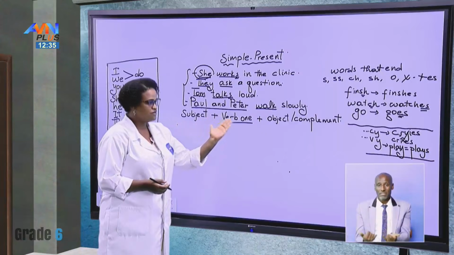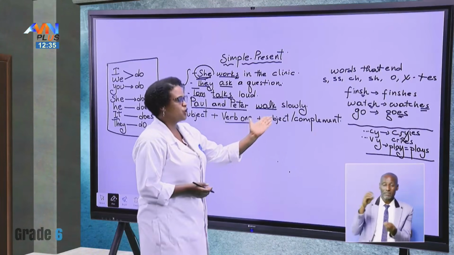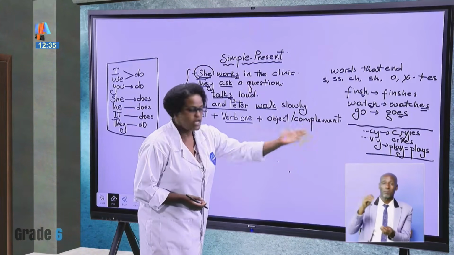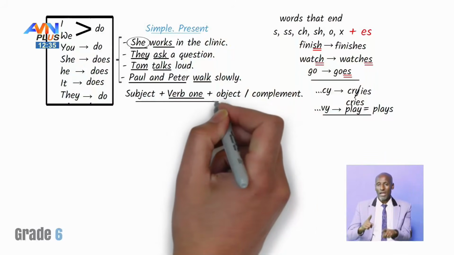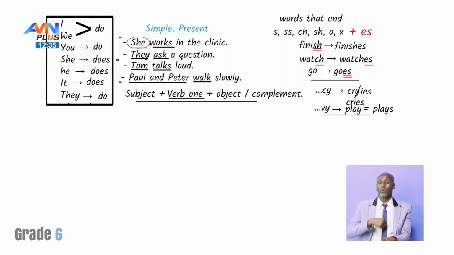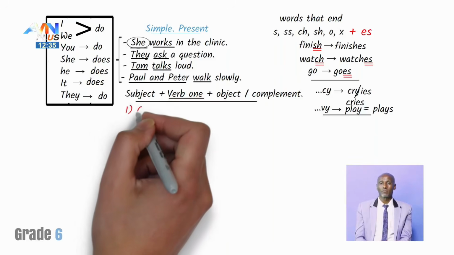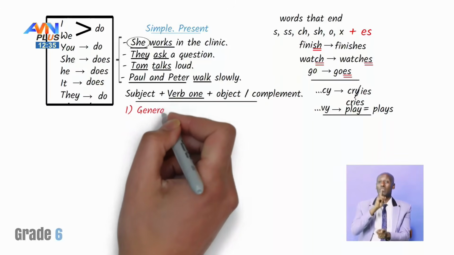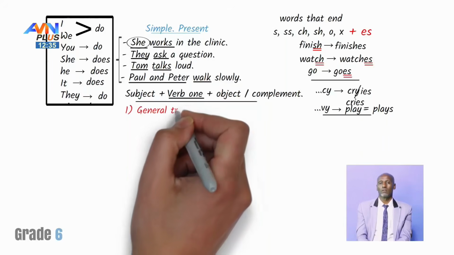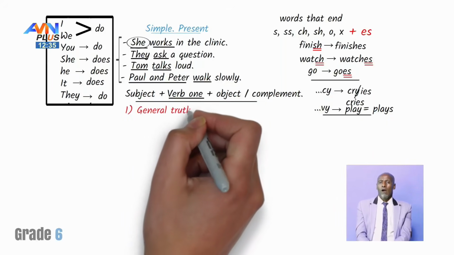Subject plus verb 1 plus object or complement. The second step is when do we use it? Let's talk about when we use it. The first one, general truth. Okay?